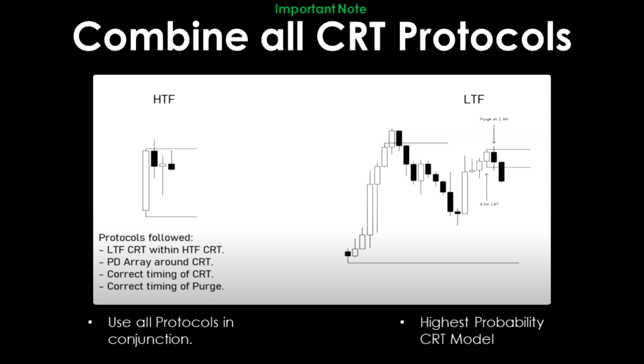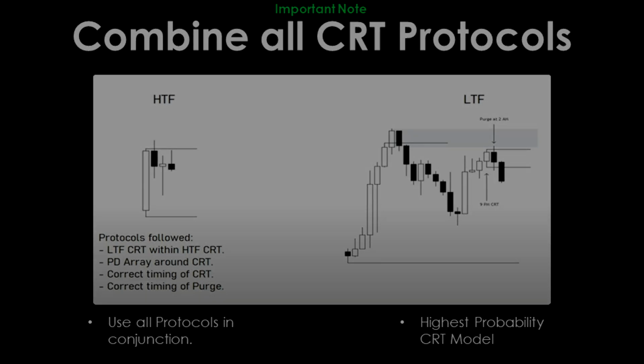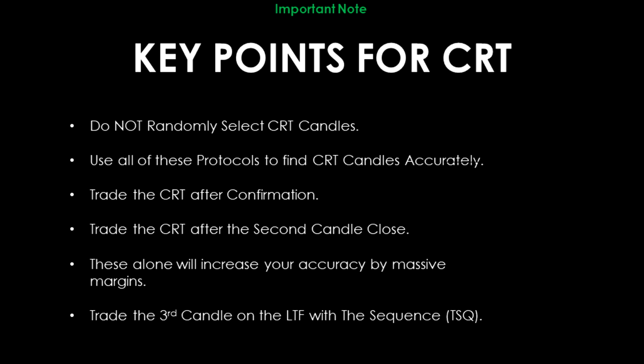Additionally, the timing of the CRT is also correct, meaning the CRT has formed at the right time. This can be seen on the chart. Also, the purge of that CRT happened at the right time, which is why the CRT on the lower time frame was high probability. Now, I've explained every important protocol to you, but the video doesn't end here.